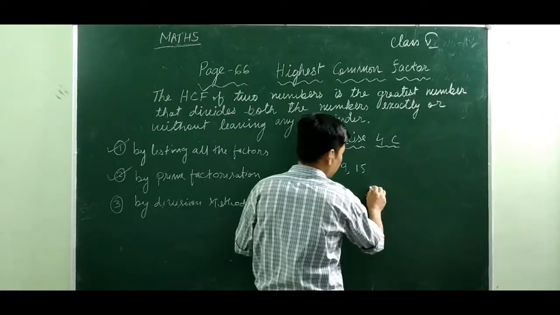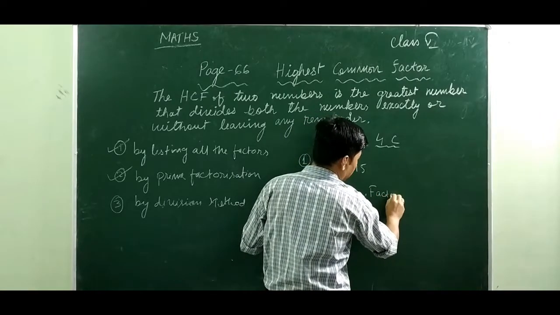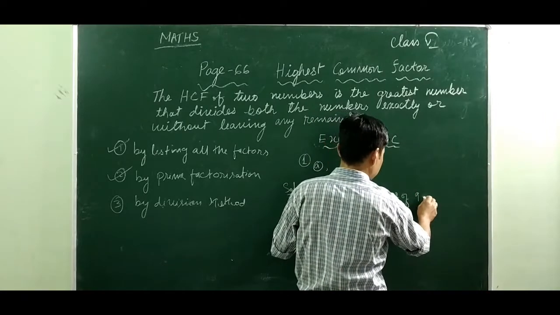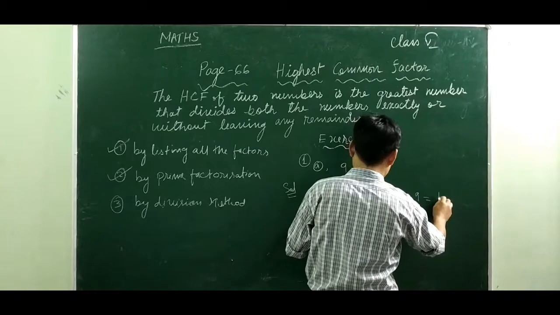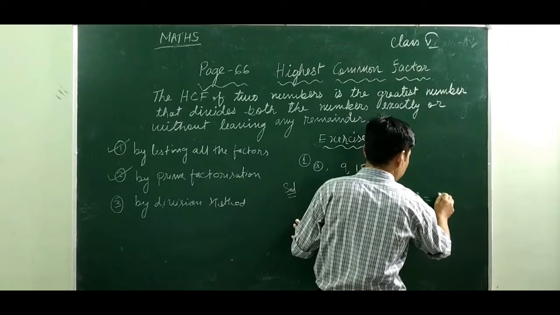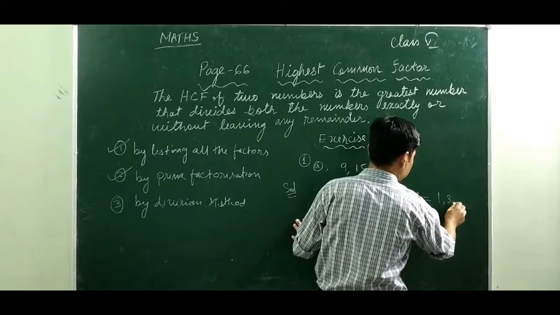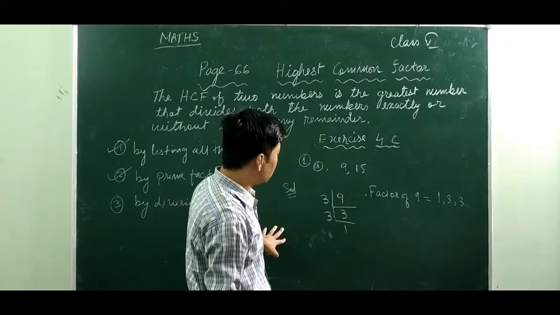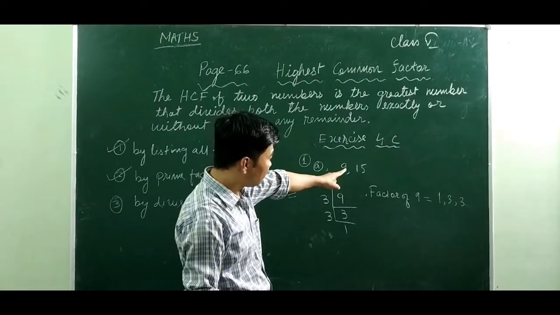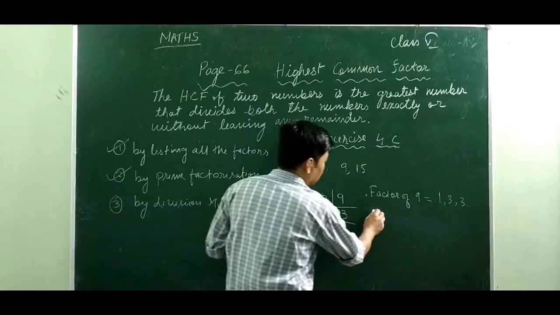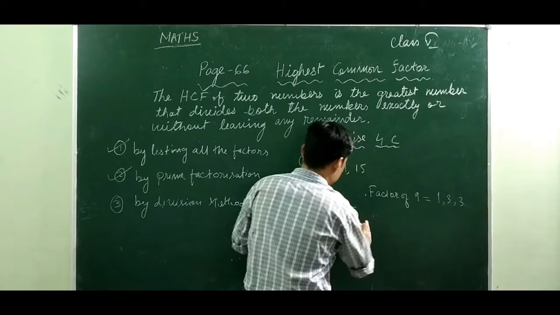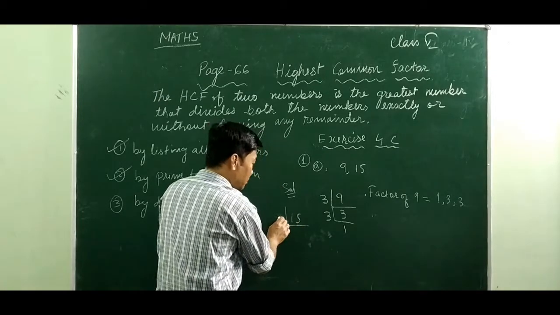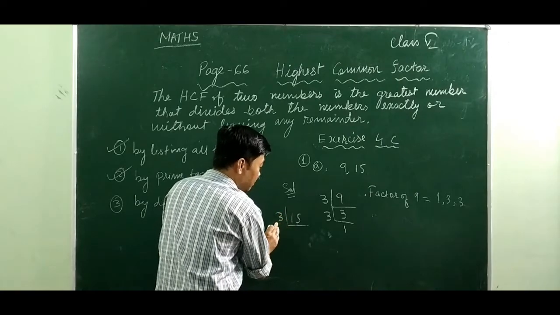So the factors of 9 are 1, 3 and 3. In the same way, we'll find the factors of 15. 15 is there in the table of 3, and 3 is a prime number.